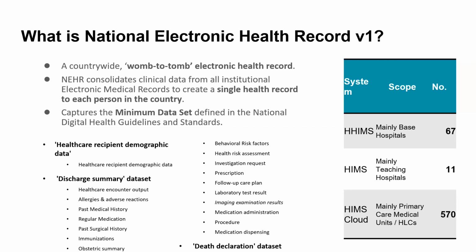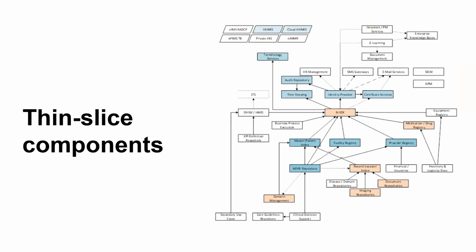So what we have done is define a minimum set of data that we want to share across these different institutions, so that the patient would have a continuity of care record for themselves.